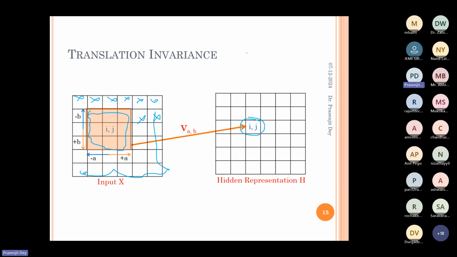Not like multilayer perceptron. In multilayer perceptron, if you can recall, suppose this was the input layer where maybe four nodes are there. Suppose in a hidden layer there are three nodes and all the input nodes are connected with the first hidden node.